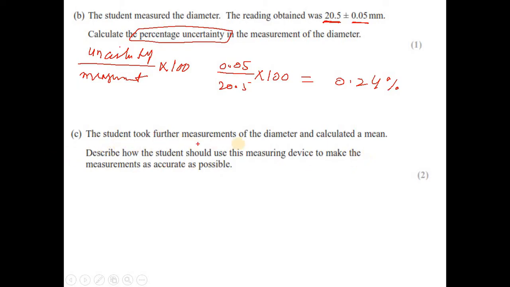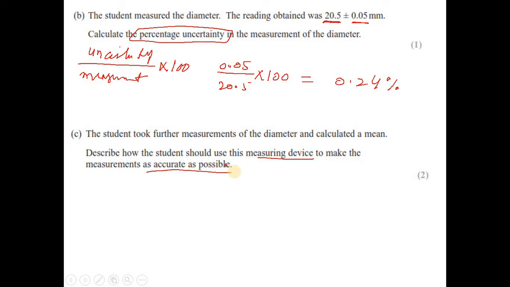The student took further measurements of the diameter and calculated a mean. Describe how the student should use the measuring device to make the measurement as accurate as possible. Again, a typical question. The student is going to use the given device and take the measurement from different orientations and then use the mean value to get the accurate value.